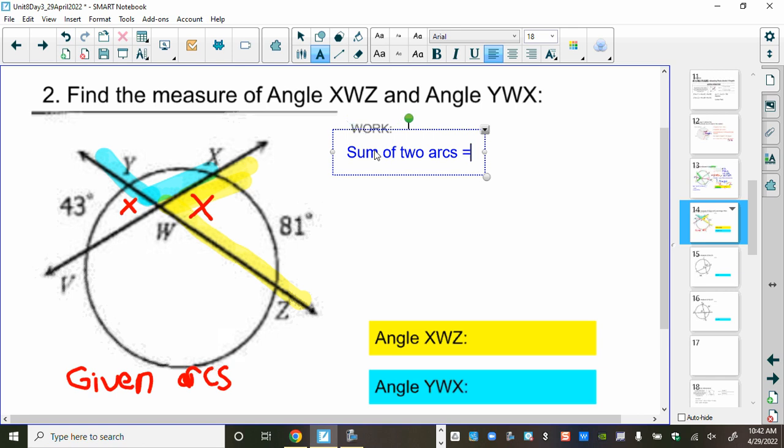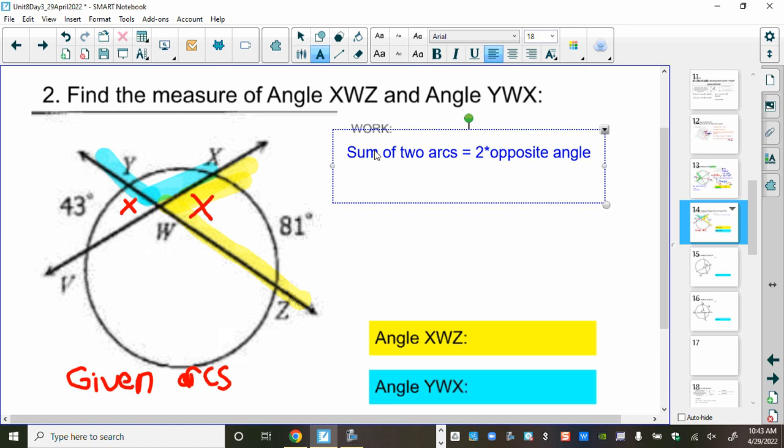Arcs equals, we'll say 2 times the opposite angle. But we made the opposite angle x. So what were the sum? What 2 arcs are we taking again? What 2 numbers? 43. It's 81.